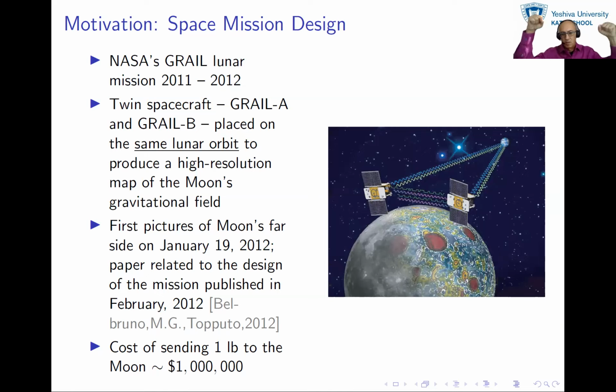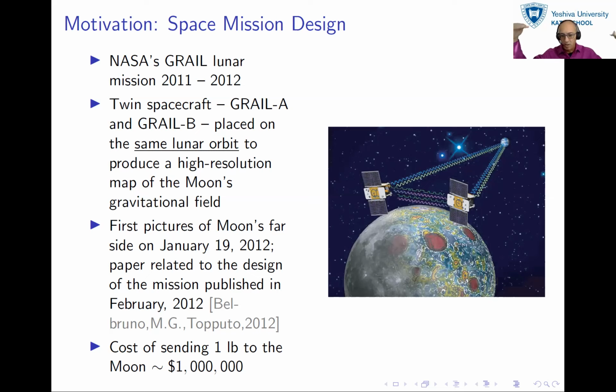They have a very precise way to detect each other's motion. For instance, if there is a variation in the gravitational field of the moon and one of the satellites that is moving ahead is going down just a tiny little bit, then the other satellite would detect this motion.